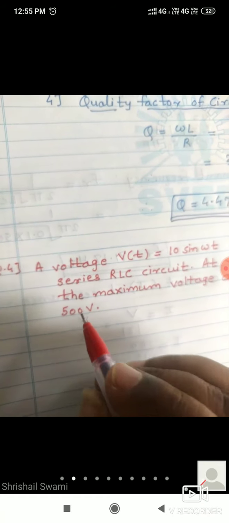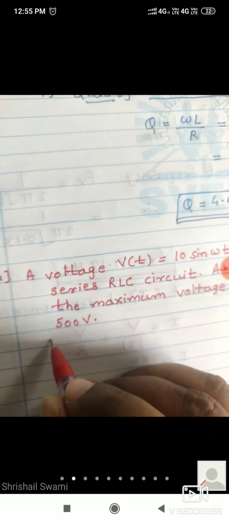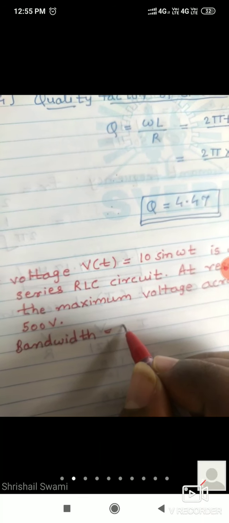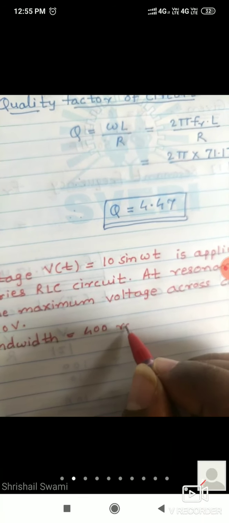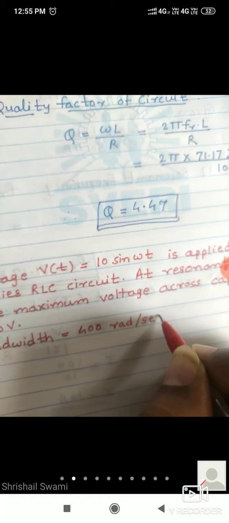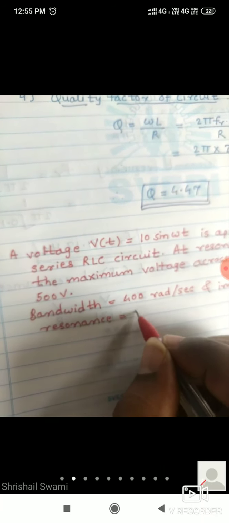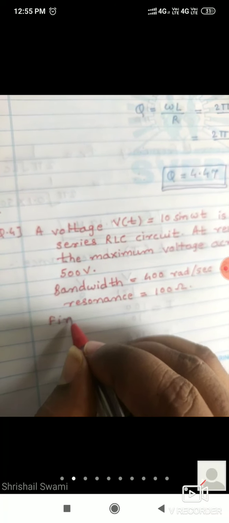Bandwidth is equal to 400 radian per second, and impedance at resonance is equal to 100 ohm. So what are the things you have to find out?